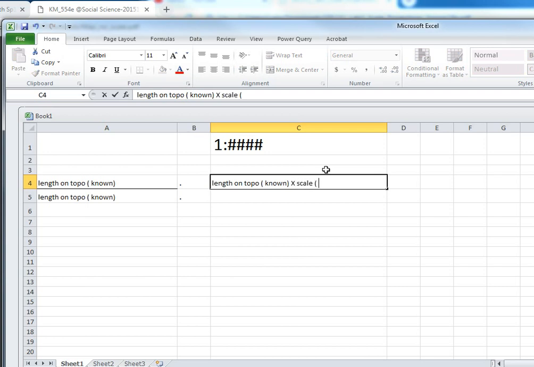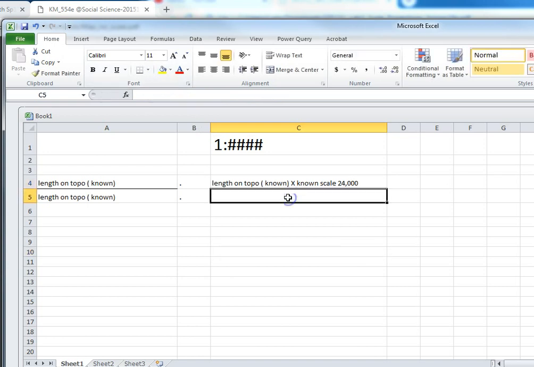In this example, the scale was 24,000. And then you're going to take that and divide it by the length of the feature on the map with an unknown scale.